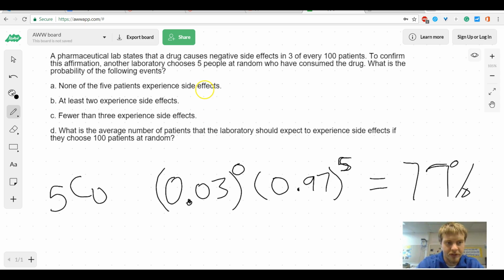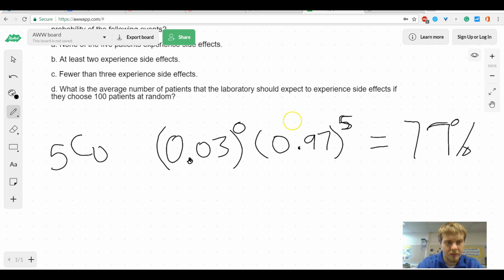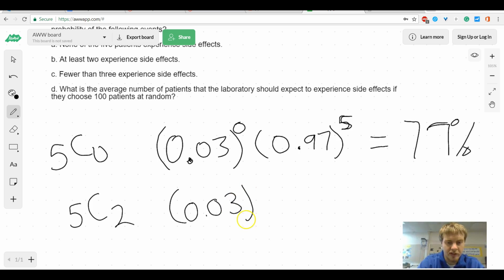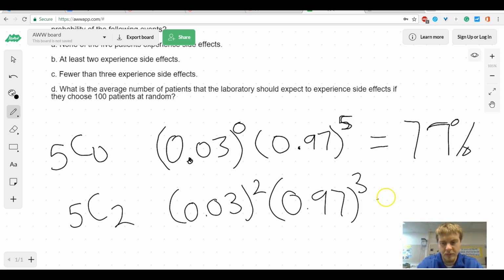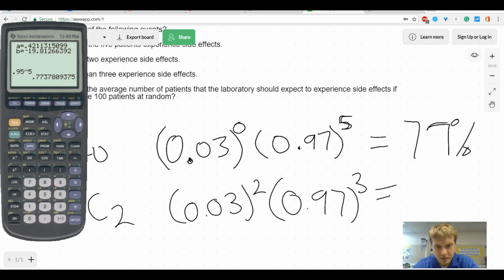Let's figure out the percent chance that at least 2 people experience side effects. Well, we would want 2 people to experience side effects. So that'd be 0.03, and we want 2 people to have that done, where we want 3 people to be okay out of the 5. So this one we'd have to type in our calculator and see what we get.